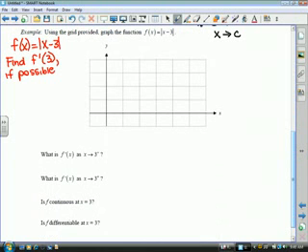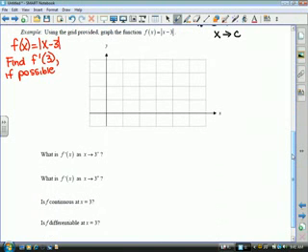So what we're going to do first, we're going to do it algebraically, and we're going to do it graphically so you can get an idea of how this alternate definition works. Let's do it algebraically first, and then we'll look at the graph to see where it's coming from.